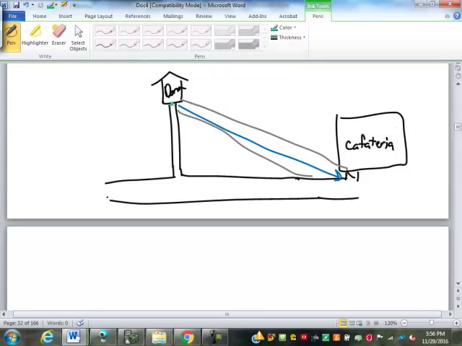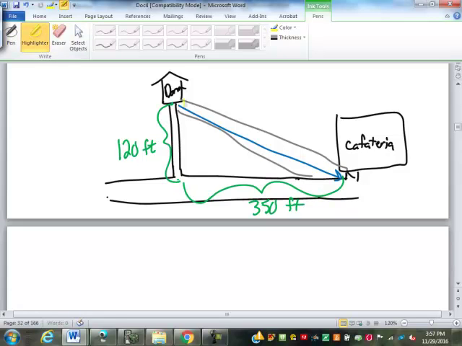The distance from the dorm out to the main sidewalk is 120 feet. The distance from that sidewalk to the corner of the cafeteria is 350 feet.